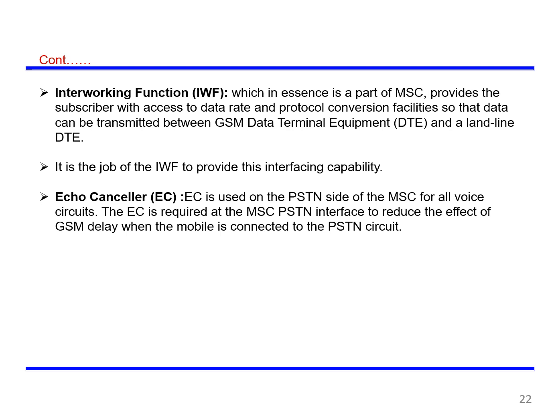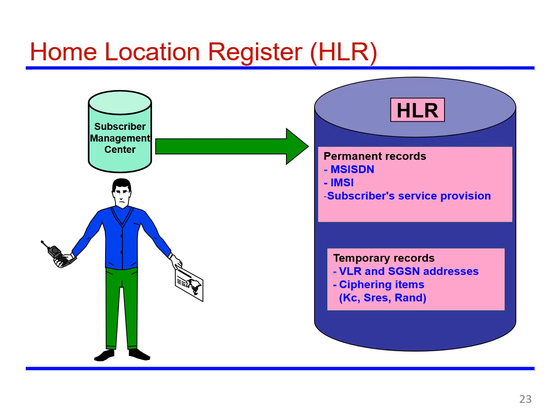Whenever we make a call to a PSTN number, an echo is normally generated because of the GSM delay, and because of the delay we hear something like an echo. So in the MSCs we place echo cancellers, and because of these echo cancellers we avoid that echo.